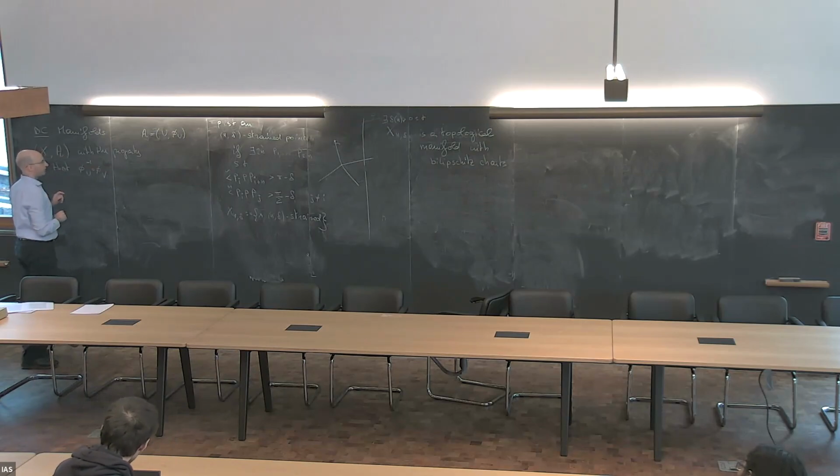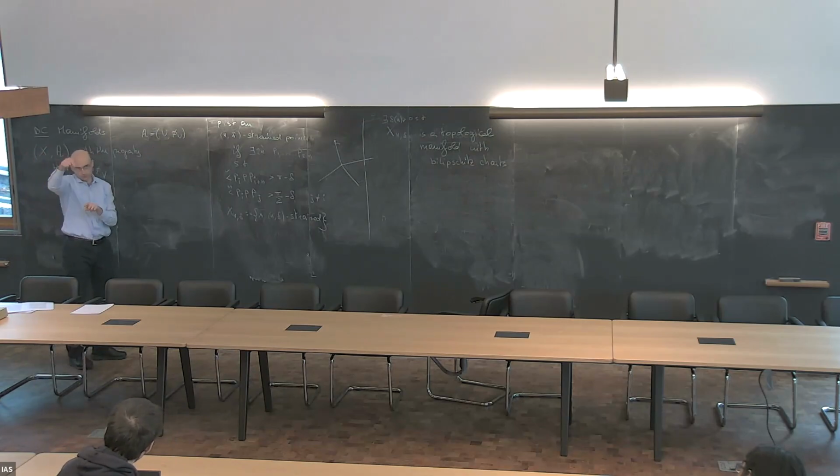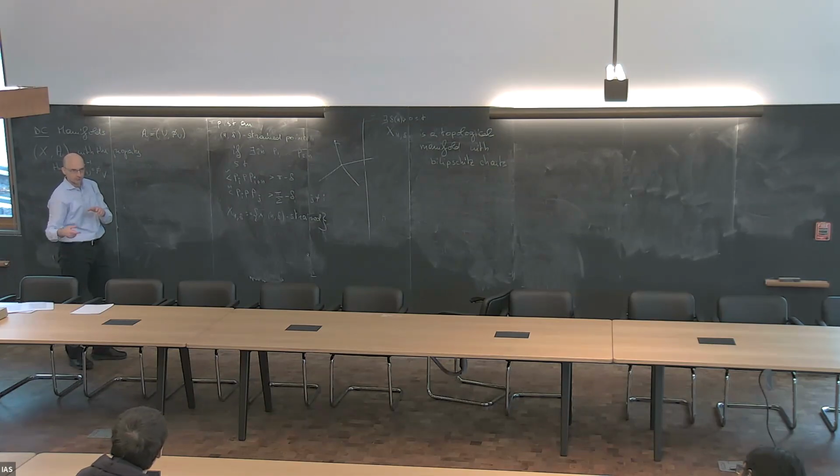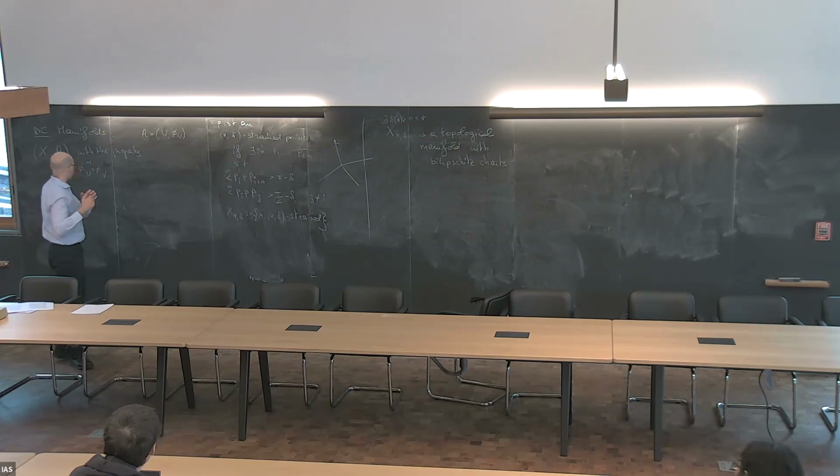The minus one is over here because this is the chart going onto the Euclidean space, and now the change of coordinates goes from an open set of the Euclidean space into another open set of the Euclidean space.